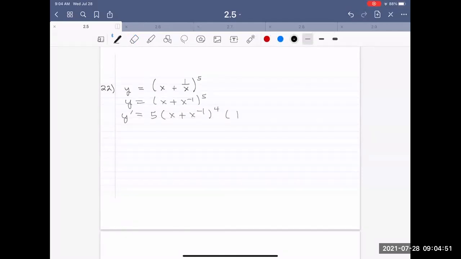Derivative of x is 1. Derivative of x to the negative 1 is a negative x to the negative 2. You bring down the exponent of negative 1 out in front and then subtract 1 from the exponent to get negative 2. And that's your answer. Any questions about that? Any questions?